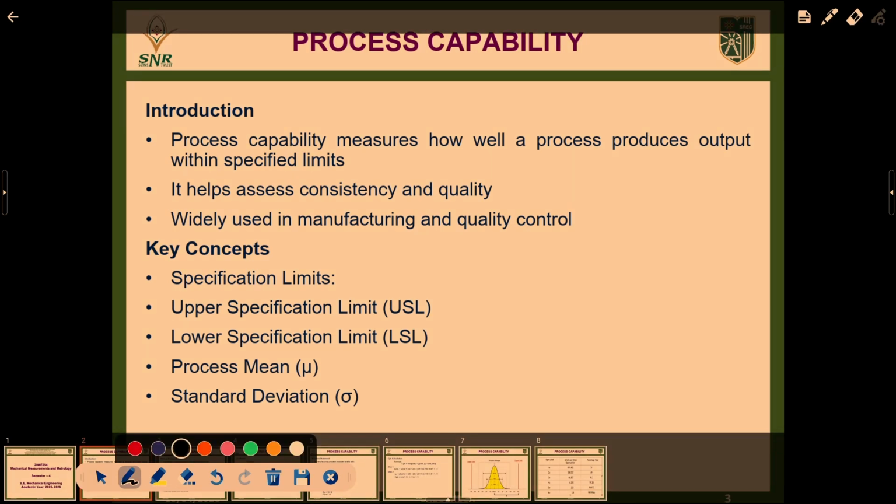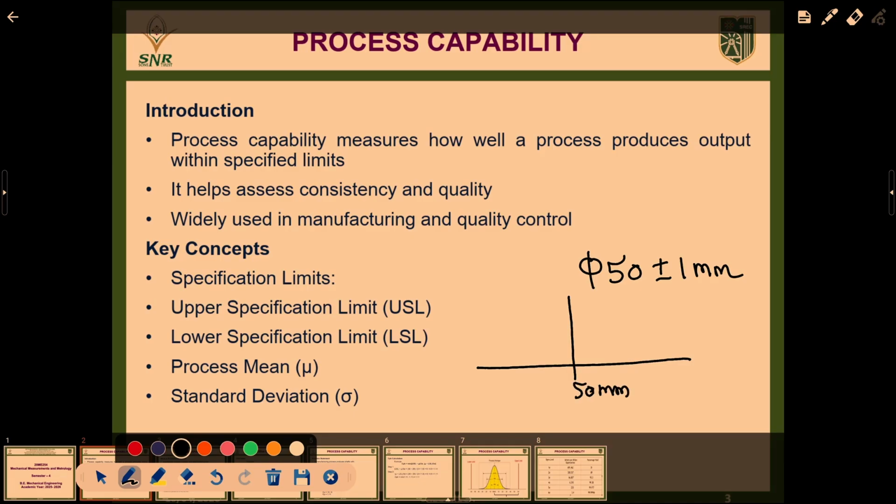We have already discussed an example, a shaft having the diameter 50 millimeter plus or minus 1 millimeter. So this is an example we have taken. Let us consider this is the mean diameter of the shaft, that is 50 millimeter.